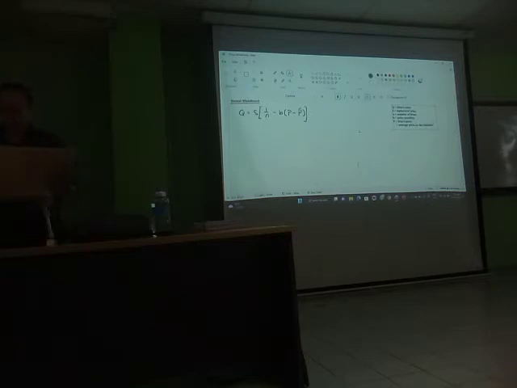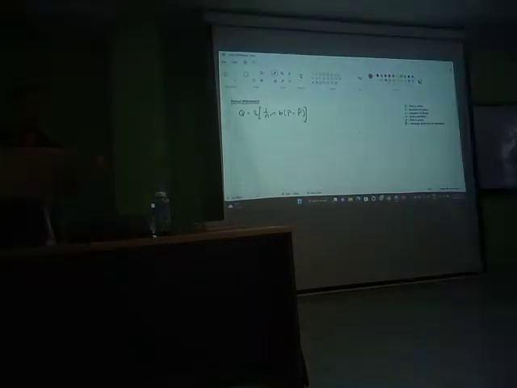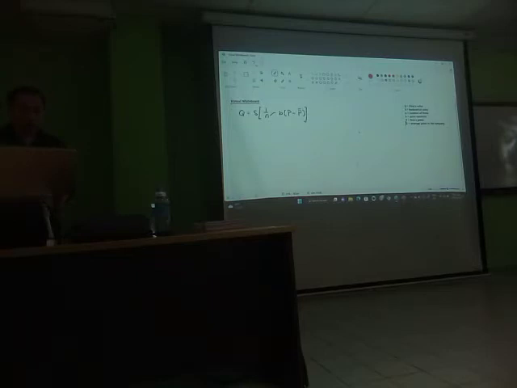Now, this equation has the logic that the higher the price, the lower the market share. This 1 over N is the market share.